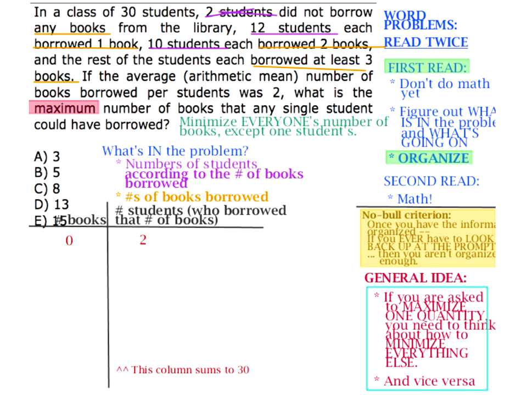So let me add another column to the chart. You can do that, right? People do it with spreadsheets all the time. Just add another column. Once you've made your spreadsheet, it doesn't have to be sacrosanct. So, total number of books for this group.